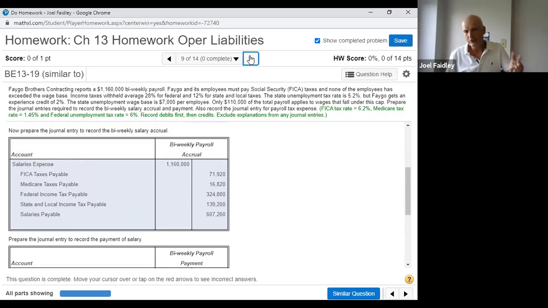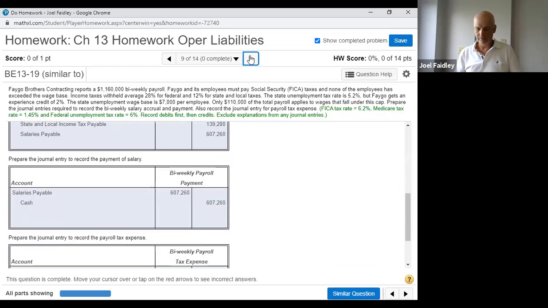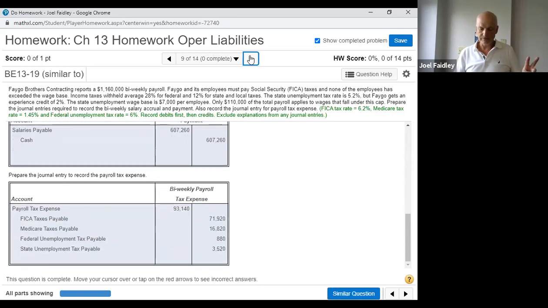So you always have 2 journal entries that you make on payroll. The first one is the employee wage entry. That's what this is. And the second entry, they're showing the reversal of the salaries payable out of cash. But the second entry really is the payroll tax expense. That's what the company has to pay. And whatever your FICA is, Social Security that's being withheld from your paycheck, the company's paying the same amount for you.